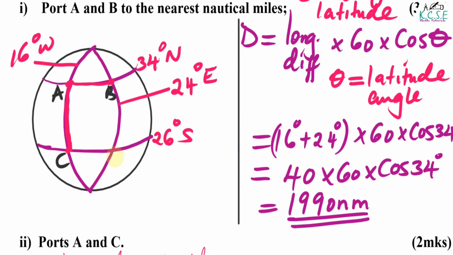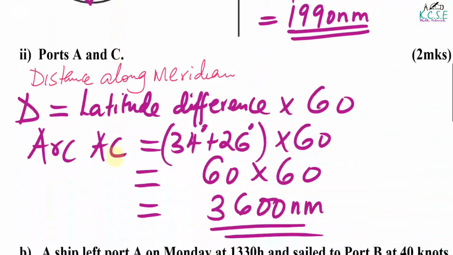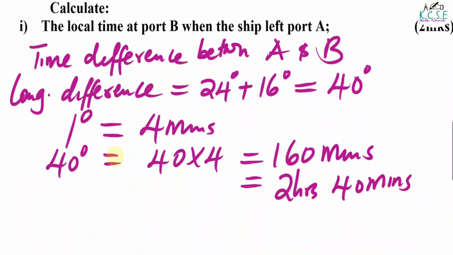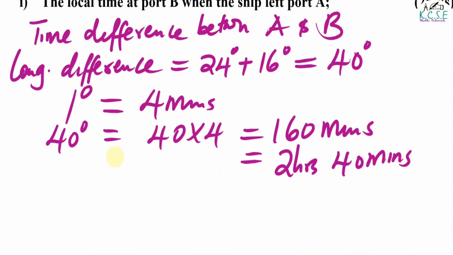So we began by getting the longitude difference. A is 16 degrees to the west, B is 24 degrees to the east. So to get the longitude difference, you add the two, you get 40 degrees. And when you get 40 degrees, if 1 degree gives a difference of 4 minutes, what about 40 degrees?